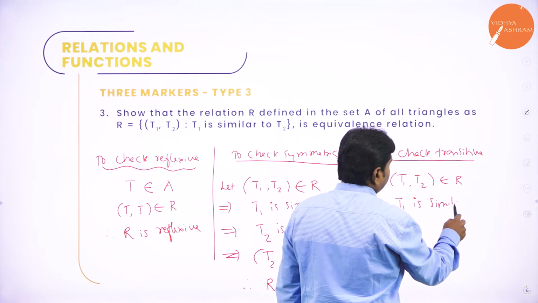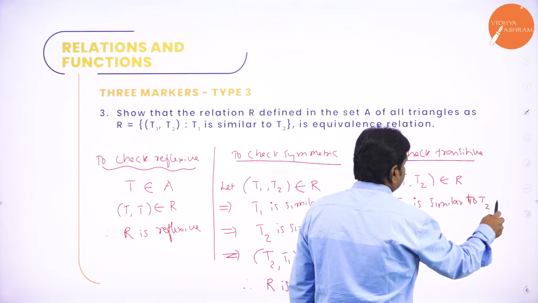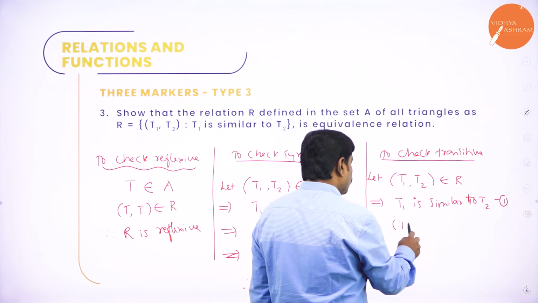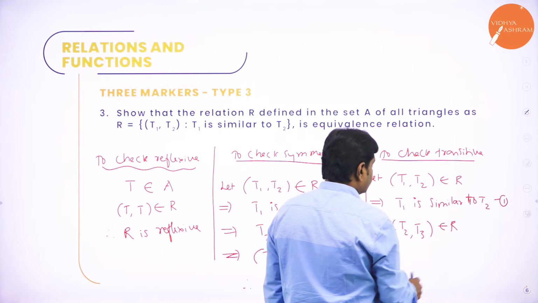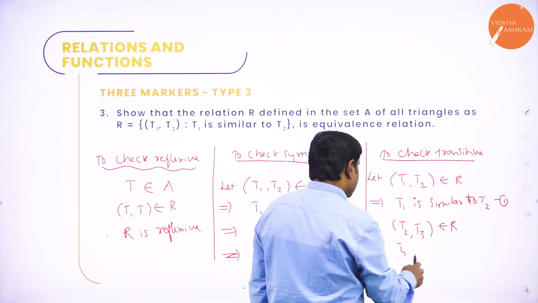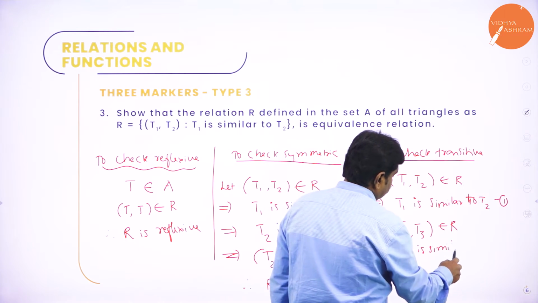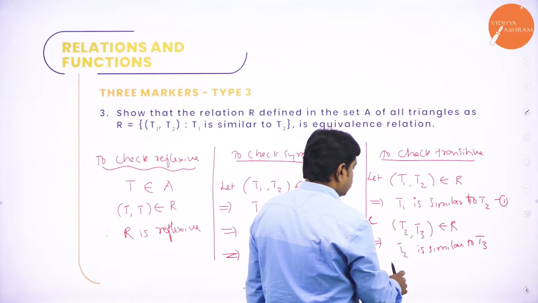This is given in the problem. So call it as 1. And let us assume T2 comma T3, second triangle similar to third, belongs to R. That implies the second triangle is similar to T3, the third. Call it as 2.